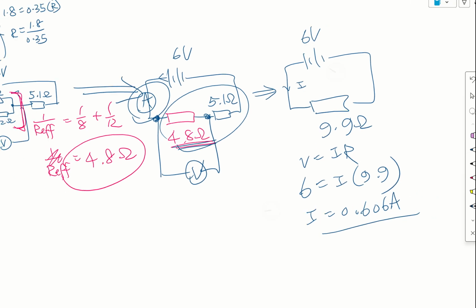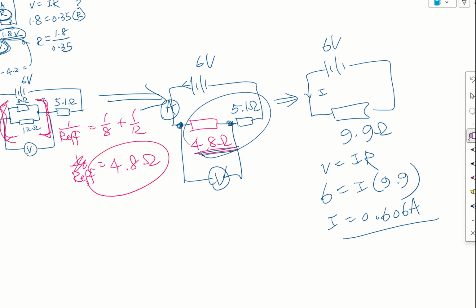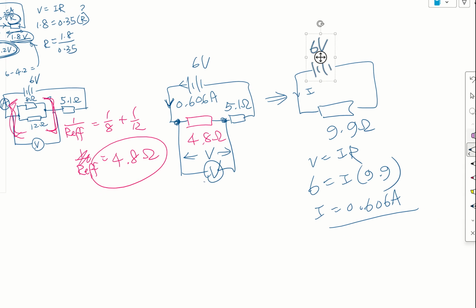So if I have a current of 0.606, I bring it back to this circuit that we have drawn. I'll just erase my ammeter, because you know that the current now is 0.606 ampere. For current, usually I'll draw it on the branch itself, but for voltage, I will draw across. Now I need to find the potential difference across this 4.8 ohm, or the voltmeter reading.